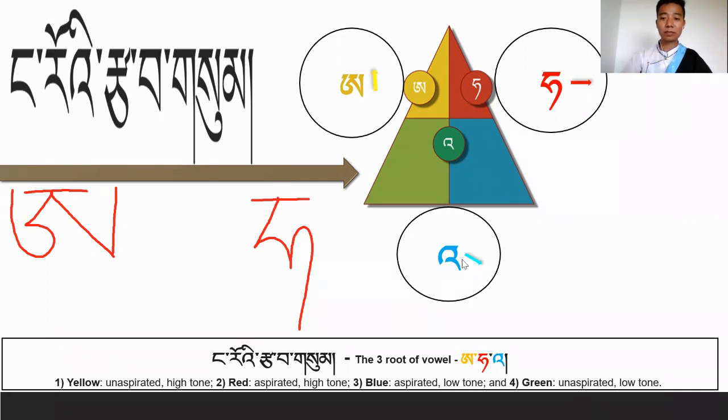Then the third one is ah, the lower tone, lower sound. When you pronounce this character, a vibration comes in your throat. You can check with your hand.